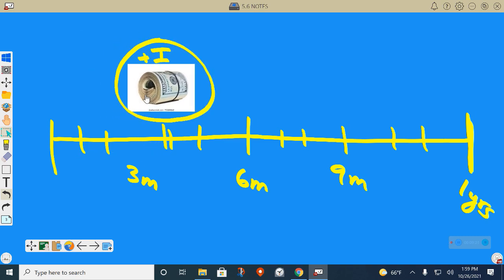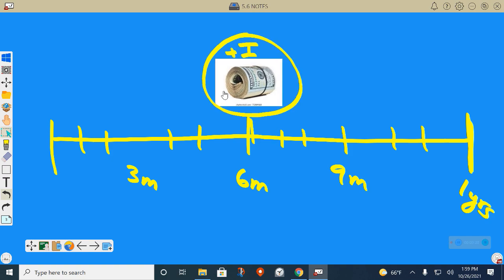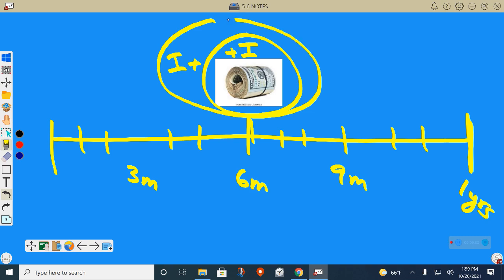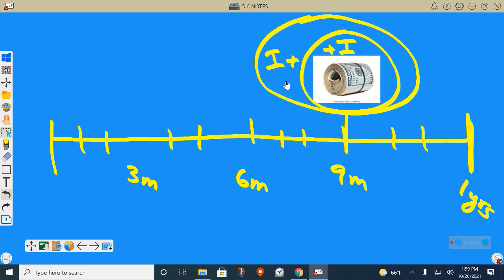Now, like a snowball, at 6 months, it earns some more interest. I'll put plus I, more interest. Okay, so far so good. 9 months, more interest. So the interest is growing on top of the interest.